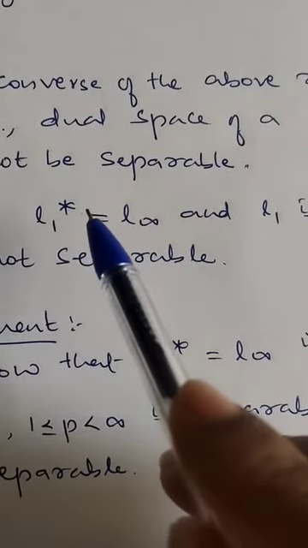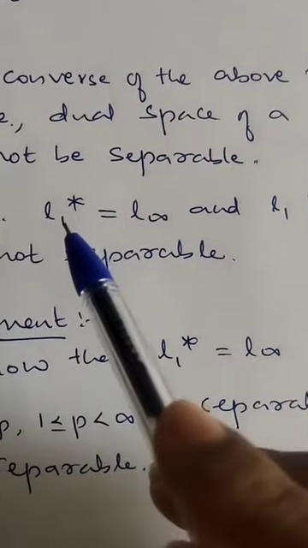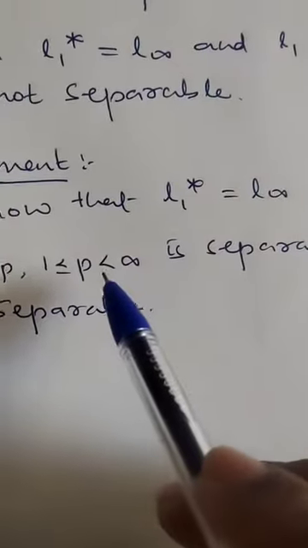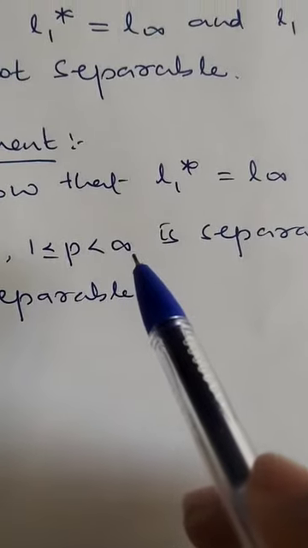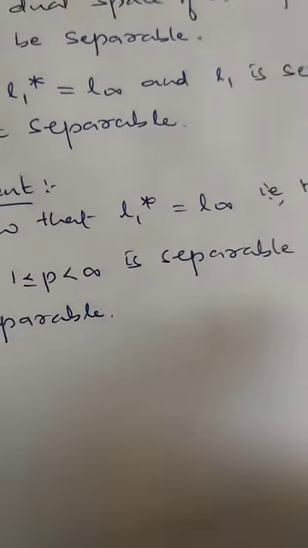In fact, Lp is separable for every p such that 1 is less than or equal to p less than infinity, but L infinity is not separable.